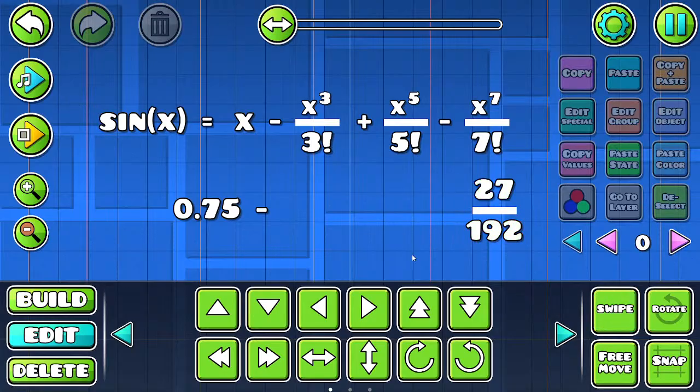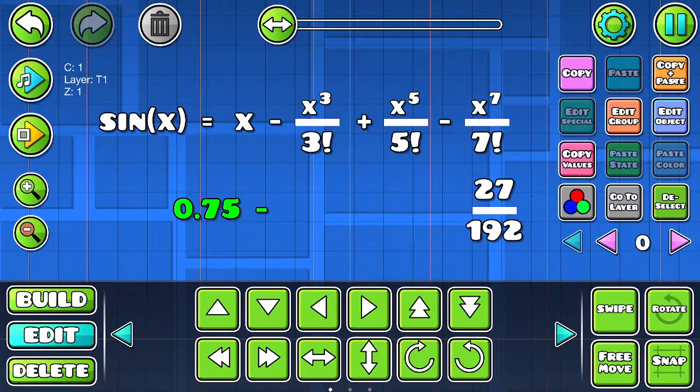Since 192 is close to 200, I'm going to say it's about that. All right, next. I think I might have to use a calculator for 27. I'm gonna probably go down to 200.